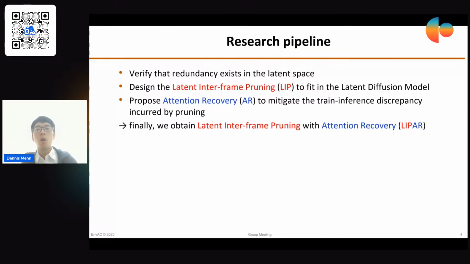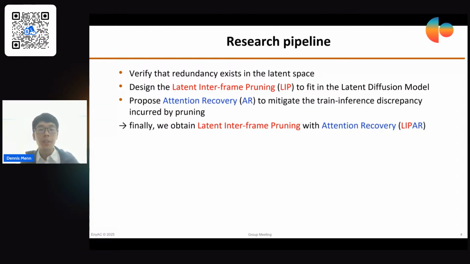Our research pipeline is as follows. We first verify that redundancy exists in the latent space, because it is very obvious that pixel space has redundancy, since you can see it. But is this still true in latent space? The second part is we design a framework called Latent Inter-frame Pruning to fit the pruning method, or the conversion method, directly into the latent diffusion model.